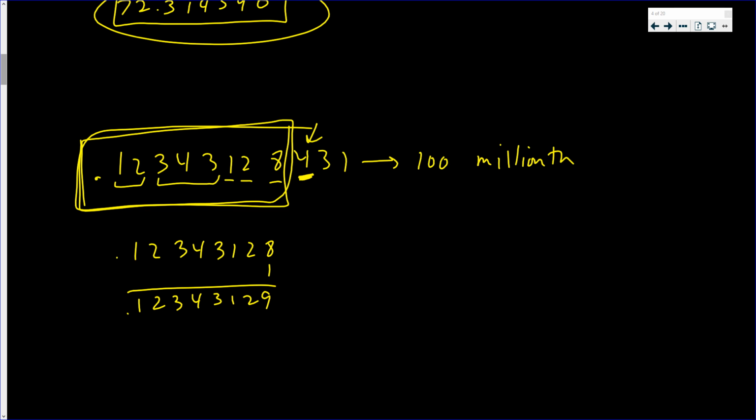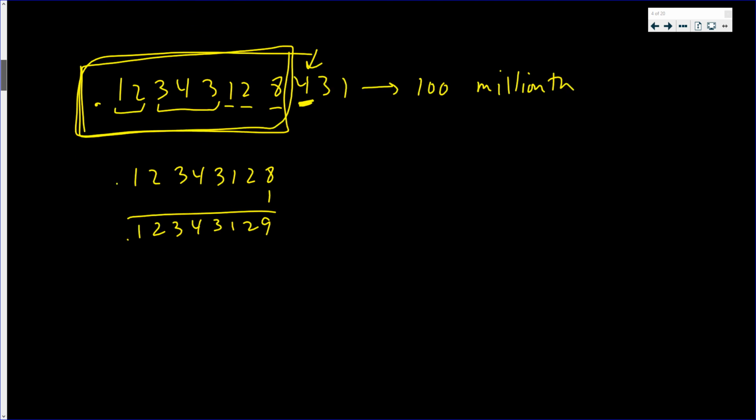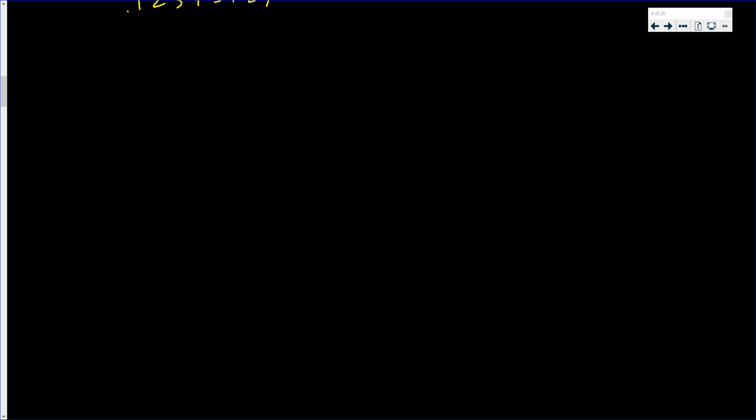Okay. How about this one? Decimal point 99999999894. And we want to round to the 100 millionth position.